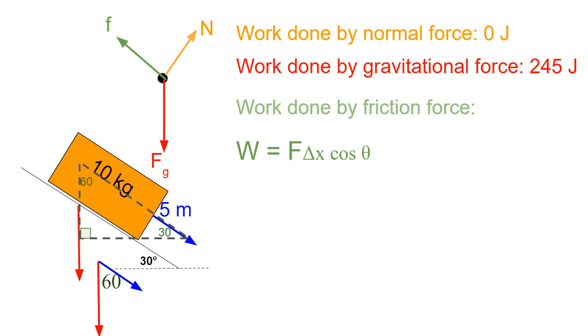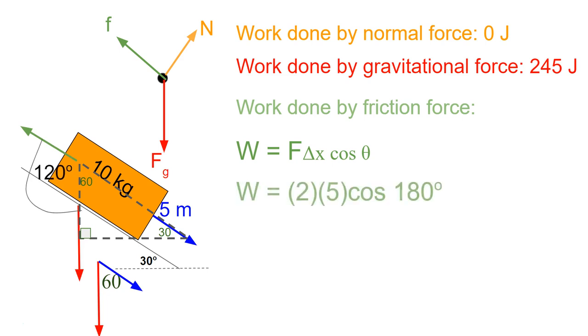The work done by the friction force, we've got our formula, W equals F delta x cos theta. So let's go and put in all those values. The angle between my frictional force and the direction that this object is moving is 180 degrees.